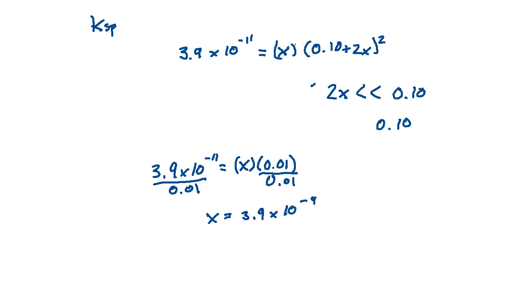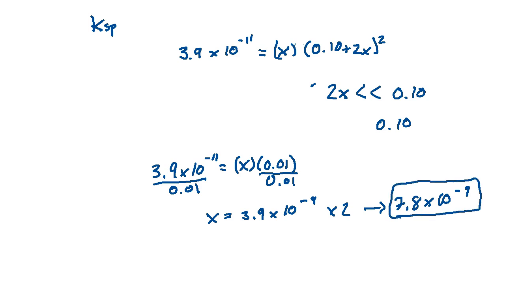All right, now that we have x, we should compare this quickly to 2x. If I take x times 2, what I end up with is 7.8 times 10 to the minus 9th. And this value is certainly small enough that in comparison to 0.1, it would be insignificant.